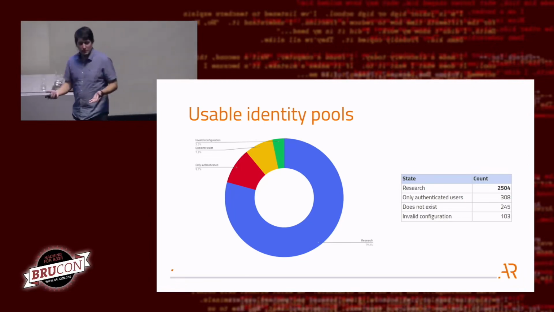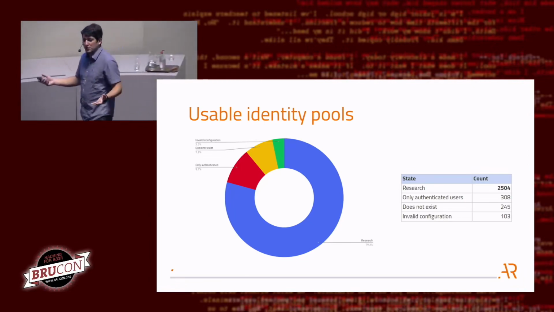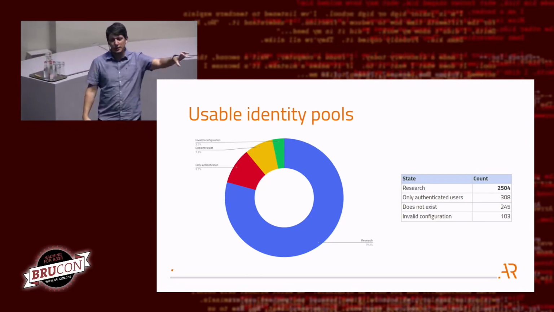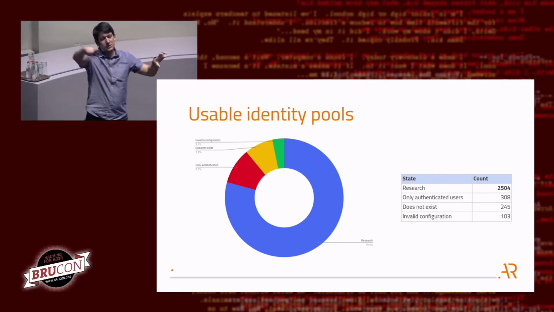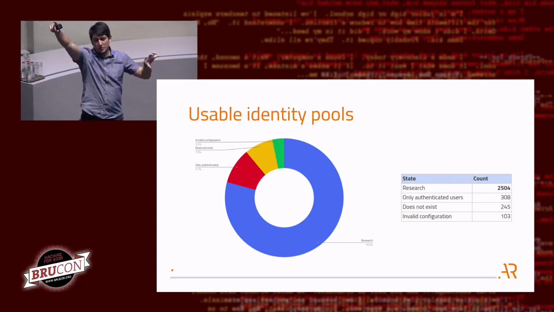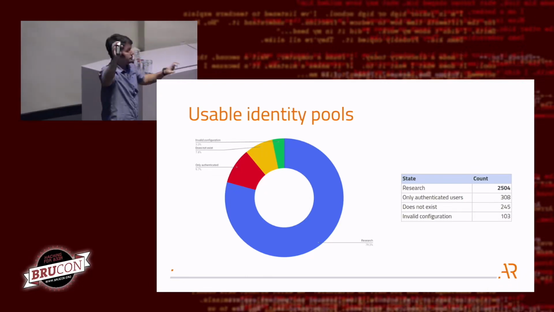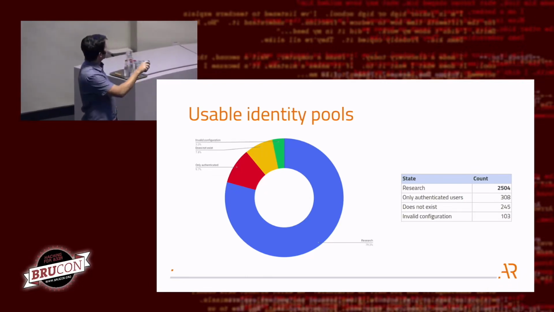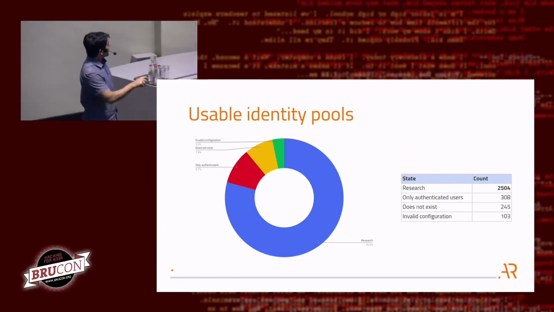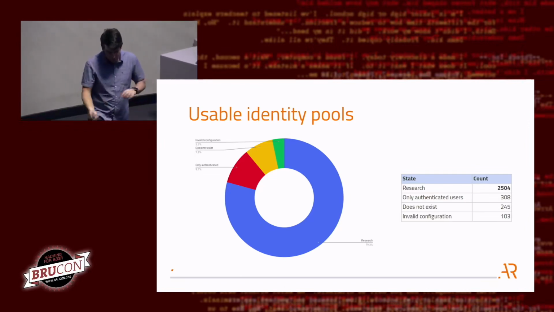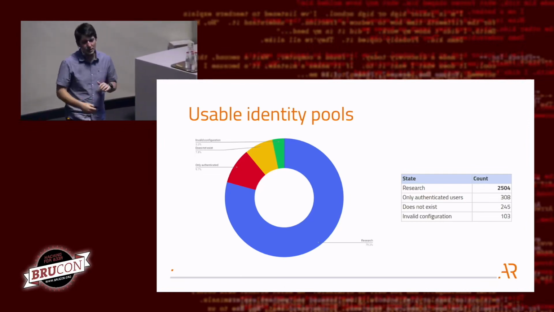Some identity pool IDs did not exist. So there was, for example, an application in Google Play which referenced an identity pool ID, but the identity pool ID was removed at some point from the AWS account. Those do not exist. Then there was invalid configuration: at some point, for example, the developer was testing this and he broke the configuration.